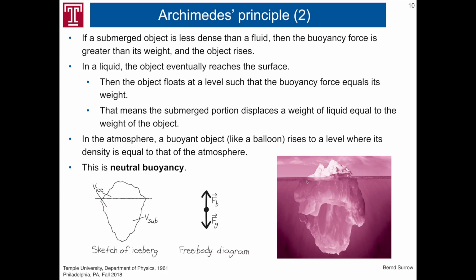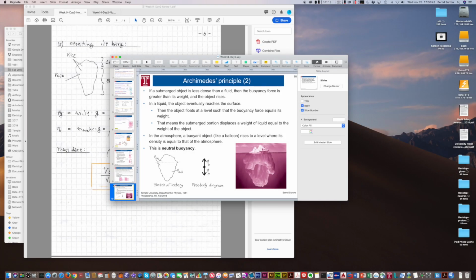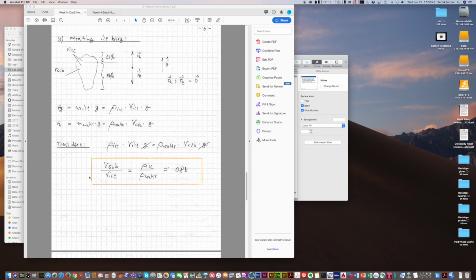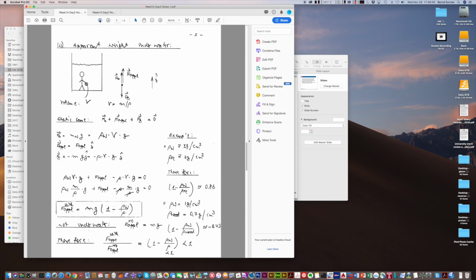So please stop here and go through these two calculations of the apparent weight of an object underwater. It very much depends on the density of that object relative to the surrounding liquid. And then go through this simple calculation of a floating iceberg here.